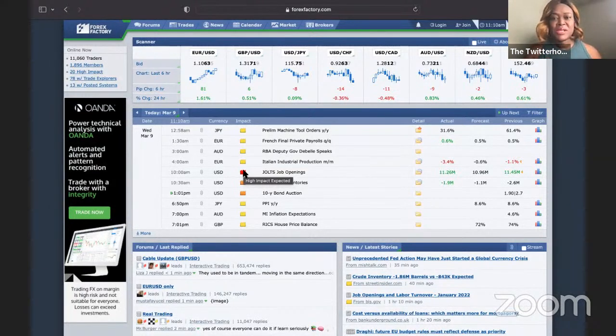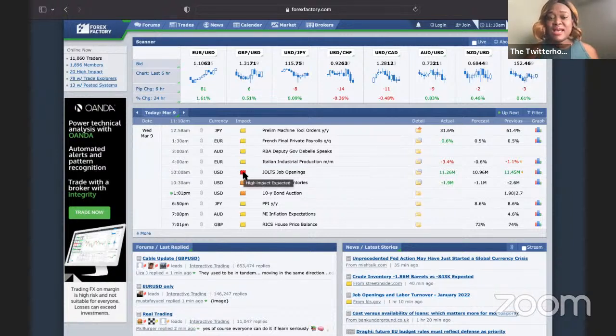Now, typically when I jump on the computer to do a trading session, I'll be on for like an hour, right? So if I get on for that hour and I see that there's a red folder, look, we see at 10 a.m., there was a red folder on the US dollar.